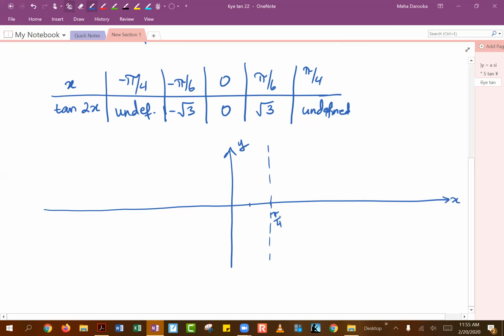And negative 5 pi over 4. Okay, so let's think about this. Our period here is going from negative pi over 4 to positive pi over 4. What is that distance? Pi over 2. Okay, so if you add pi over 2 to pi over 4, what will that give us?